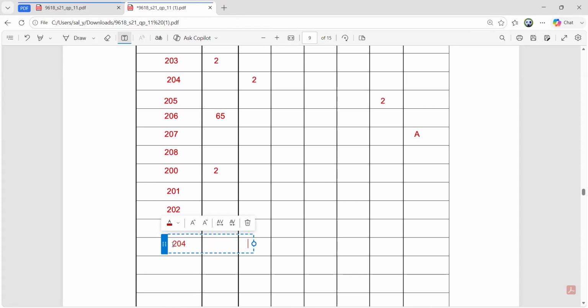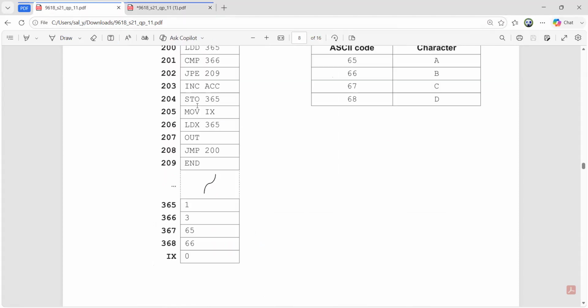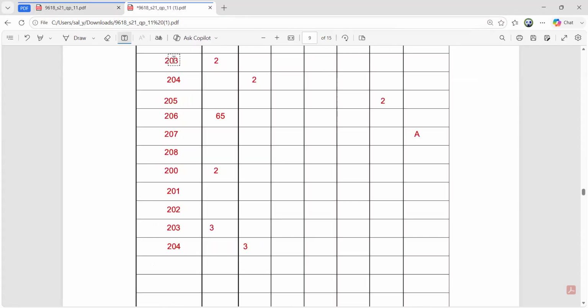This is your 204. 204 is storing the contents of the ACC in 365. That means the value of your accumulator, 3, will be stored in 365.